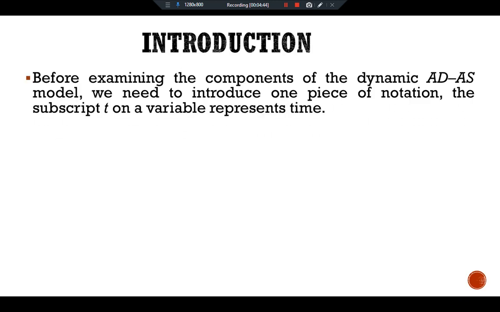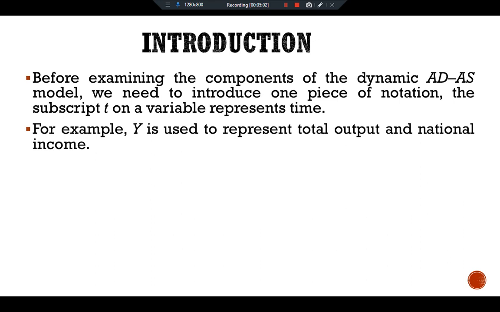Before examining the components of the dynamic aggregate demand and aggregate supply model, we need to introduce one piece of notation. The subscript T on a variable represents time.